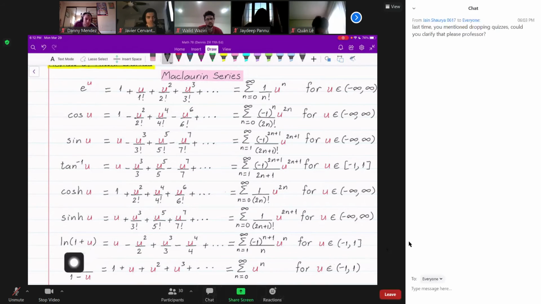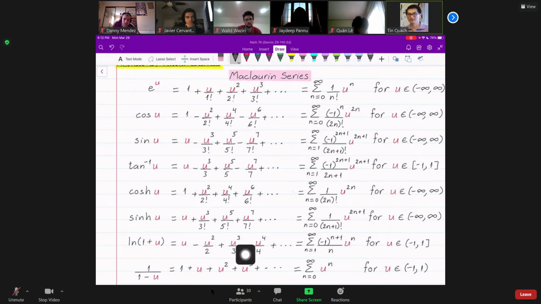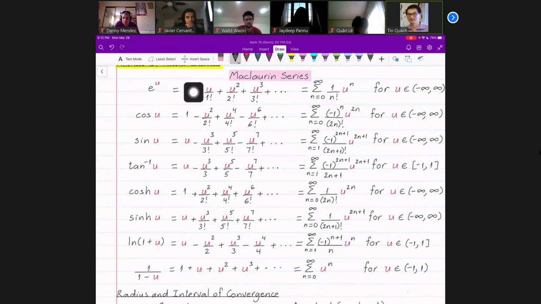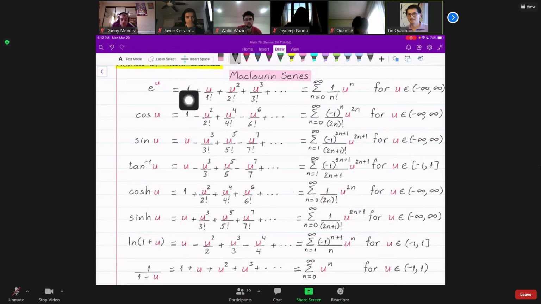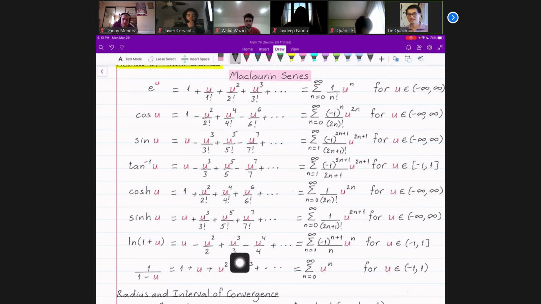Okay, and it's just all the powers of the e except the 1, right? Just from u on. But the signs alternate and there is no factorial. Okay, and then this one right here has nothing to do with e to the u.